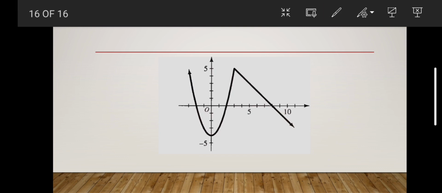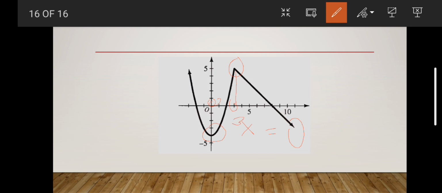As we can see, our minimum value is here, where x is equal to 0, and we have our relative maximum value at x equal to 3, here.